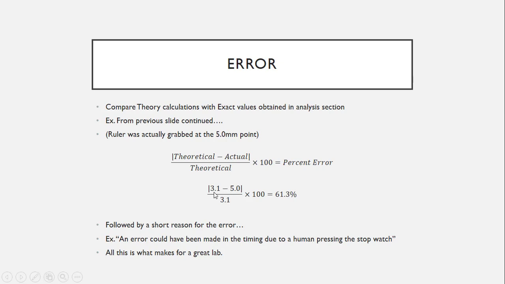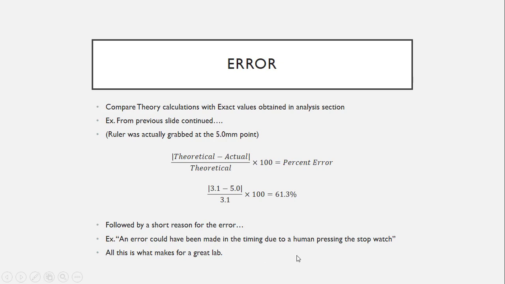Okay, now it shows 3.1 minus 5, but because of the absolute values, it's positive. All right, great. So multiply it by 100 to get whatever percent error. All right. Followed by a short reason for the error. An error could have been made in the timing due to a human pressing the stopwatch. Great. That is great. All this is what makes for a great lab.